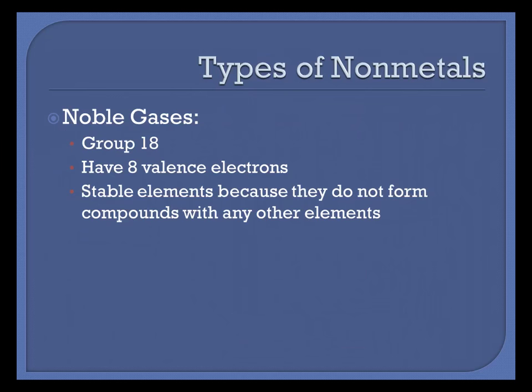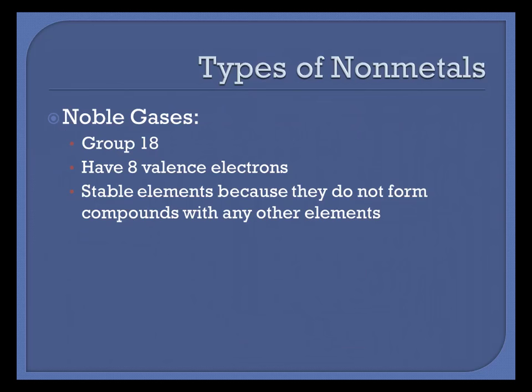So this tells us that they are stable elements because they don't form compounds with any other elements. This means they don't want to have a bond with another element. They have all the electrons that they need. Whenever we have bonds that are formed, these elements either share electrons or they give electrons away to help fill up this energy level.